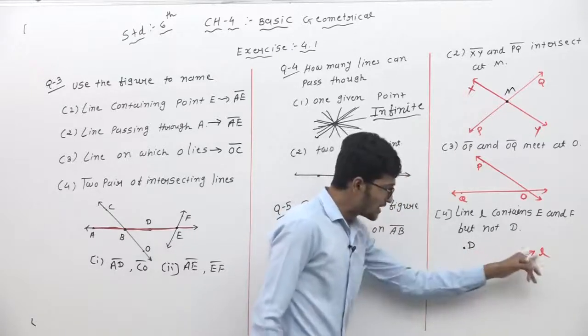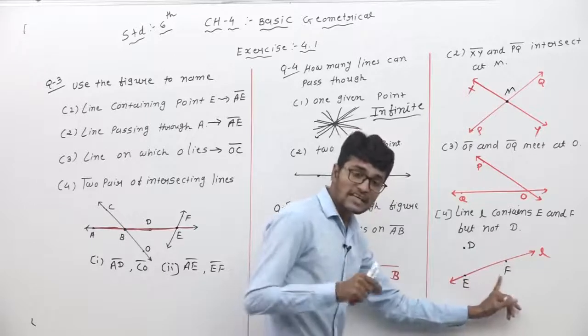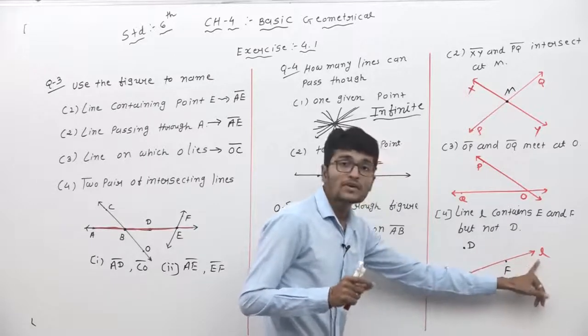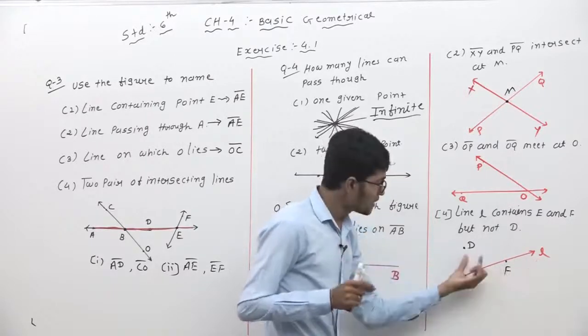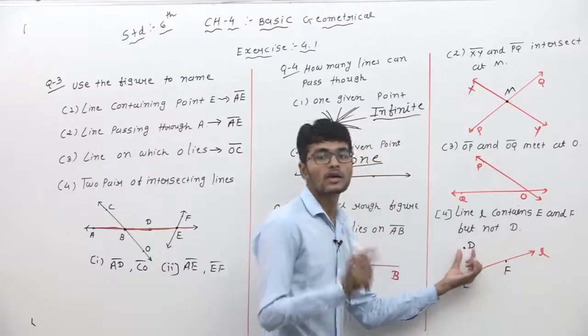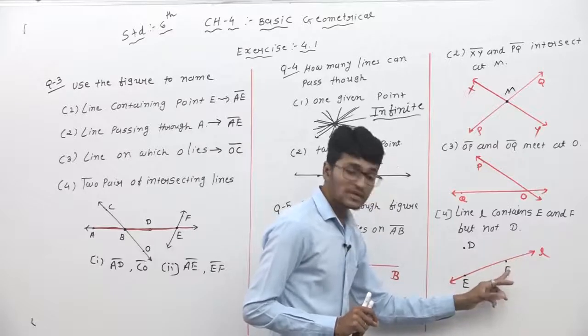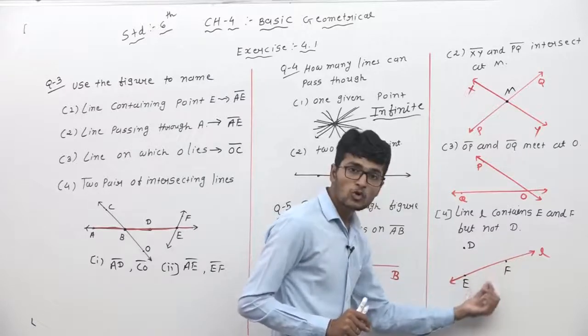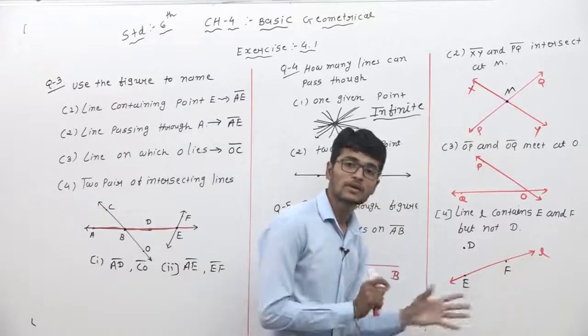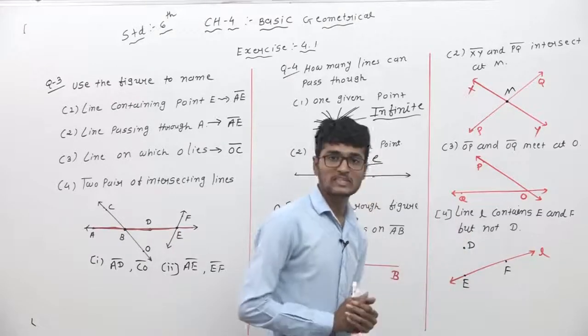One more time: E and F lie on line L but D is not on L. D is not on line L, and both points E and F are on line L. So this is my fourth question's figure.